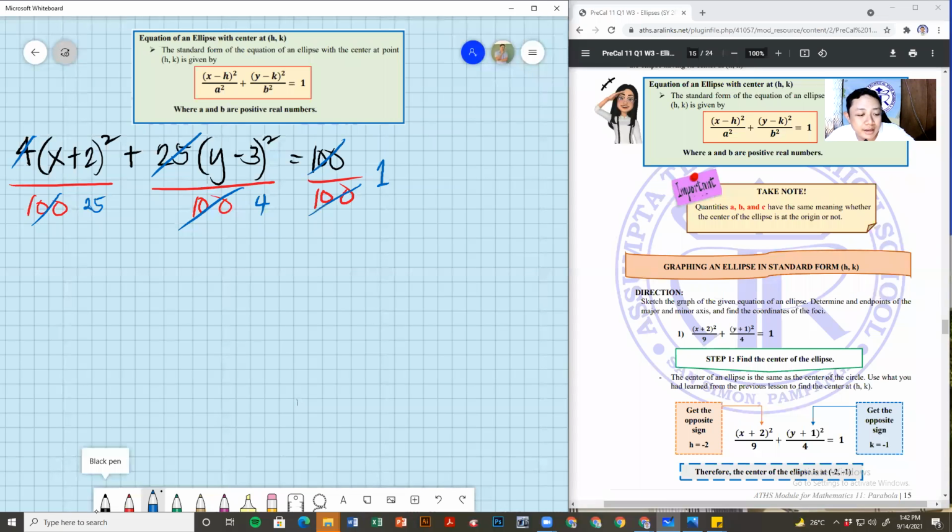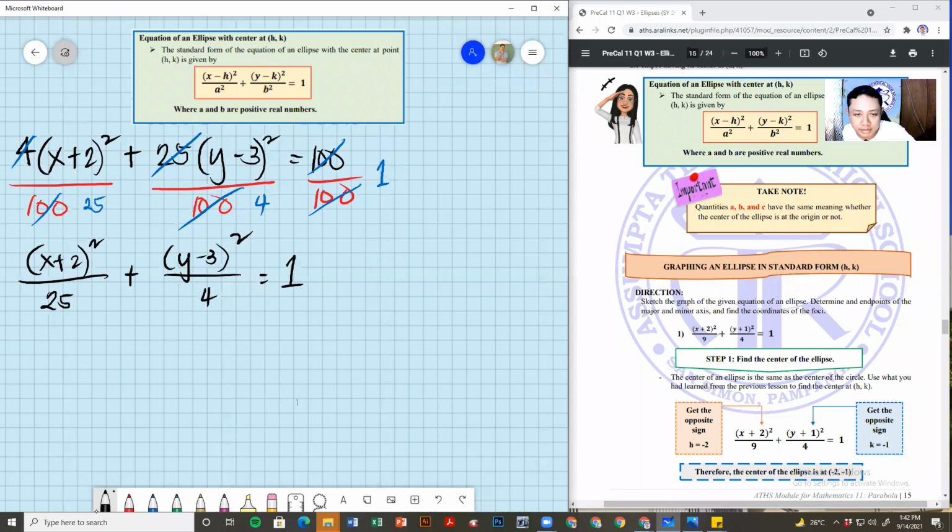So to simplify the equation, we will have here x plus 2 quantity squared over 25 plus y minus 3 quantity squared over 4 is equal to 1. Now, we have the standard equation of an ellipse with center at HK.